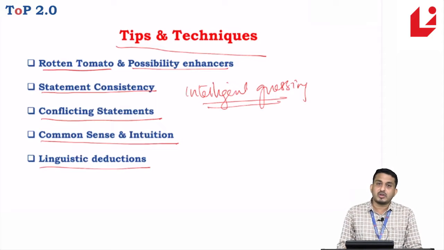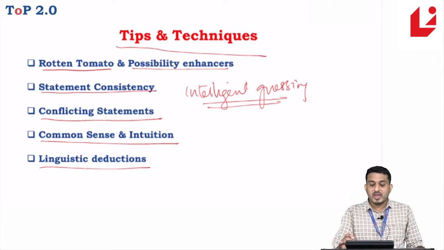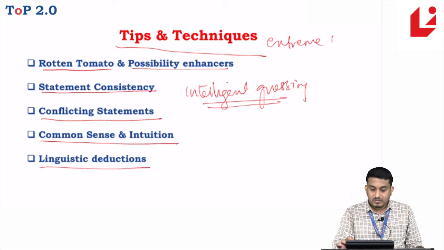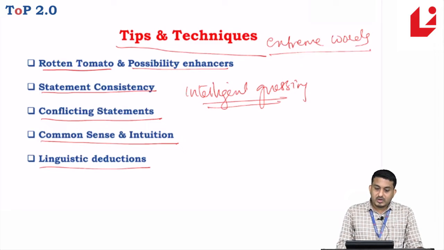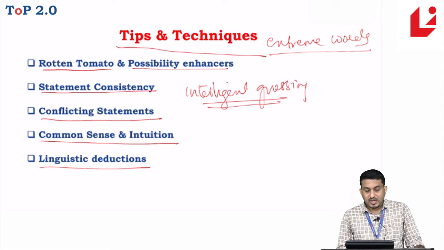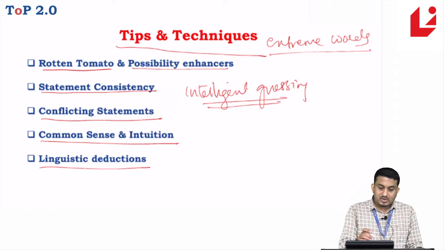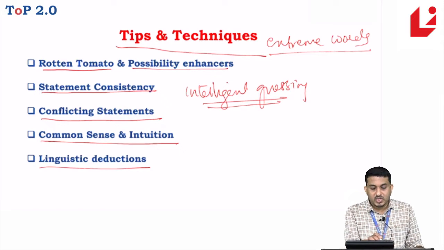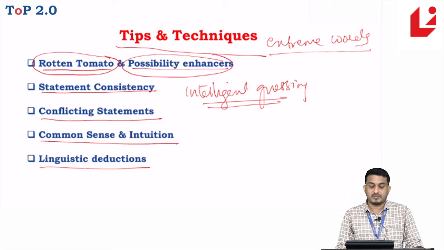We can call these words extreme words. These extreme words are of two types. One is rotten tomato and second is possibility enhancer.